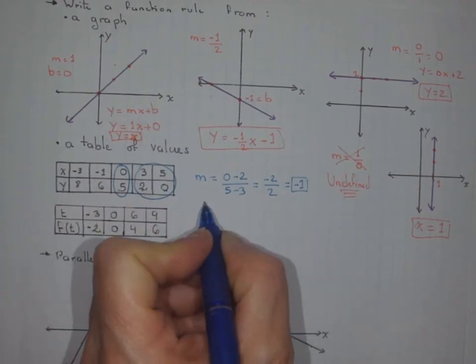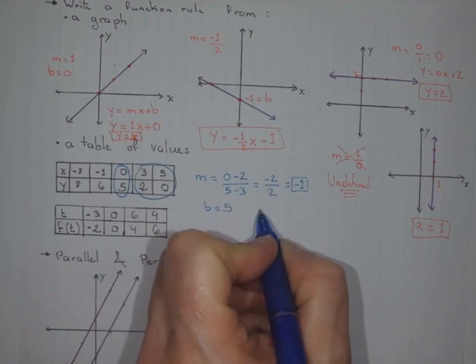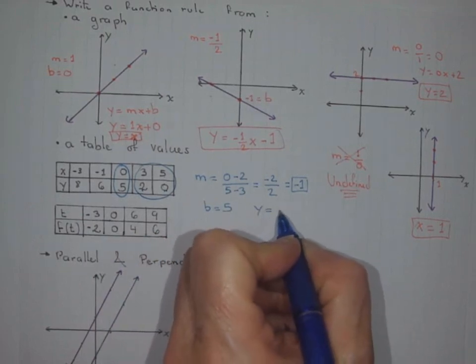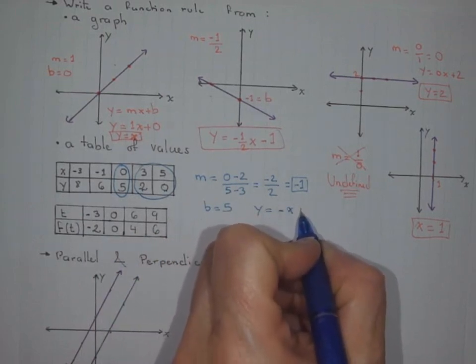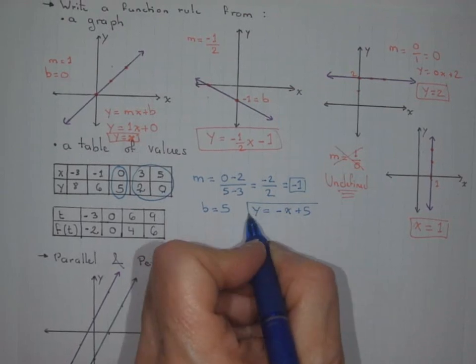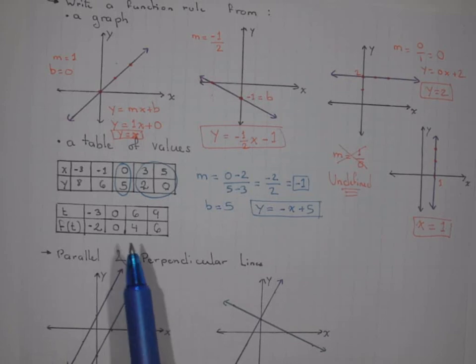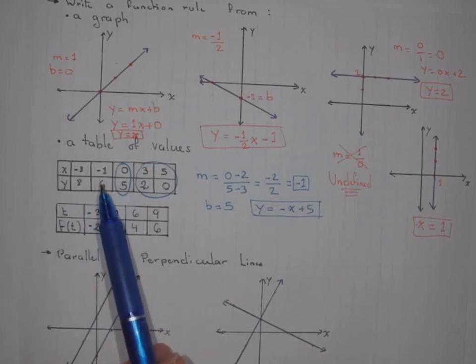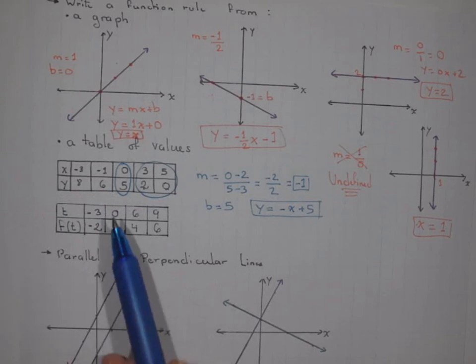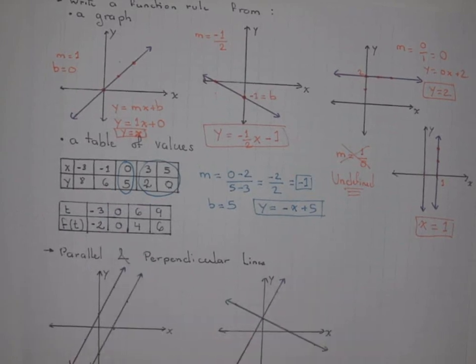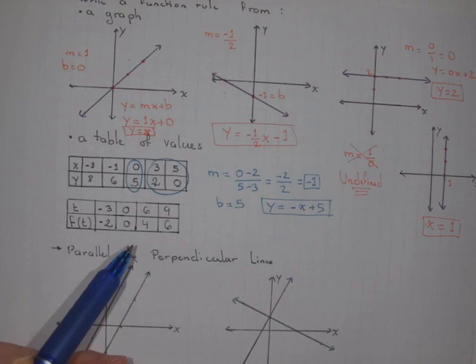So b equals 5. And I can write the equation: y is equal to negative 1x plus 5. Now, I could also have done the point slope form, right? And I could have just picked any point and used it as x1, y1. But this one was just as fine because we did have the y-intercept.